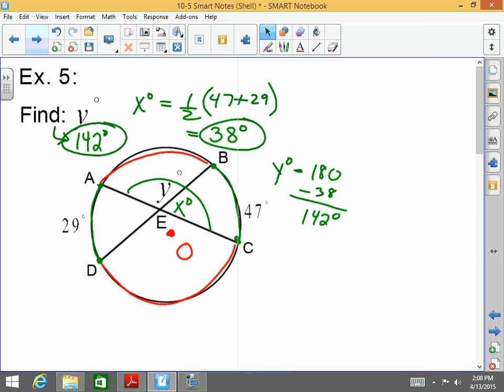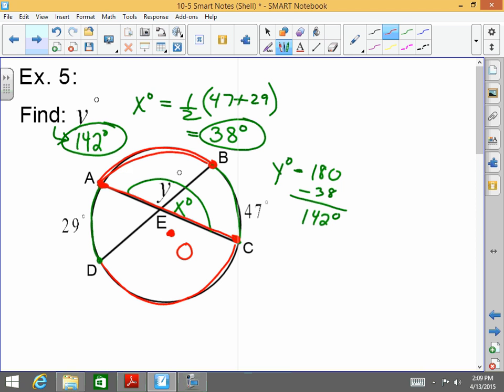That proves what you had asked about earlier, and I'm very proud of you. AC is a straight line. However, it's not the central angle. If it was the central angle, this arc here would have been 180 minus 47. But as we proved, it's 180 minus 38. So good job, man. Proud of you.